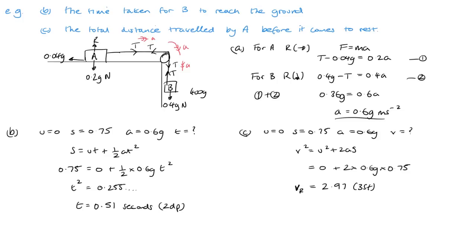So that's the velocity of B, and the speed that B is going is the same as the speed that A will be going. Once B hits the bottom, A will continue sliding across the table with that initial velocity.